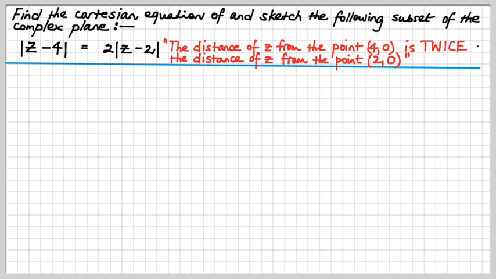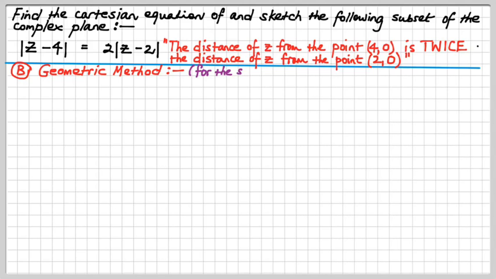The geometrical significance means it's further from 4 than it is from 2. It's twice as far always from 4 as it is from 2. Do you get that? It sometimes helps to write that out in English so that you don't get things round the wrong way. Students can do that, and so can I, if you don't write them out properly and get used to them. So here's the geometric method.